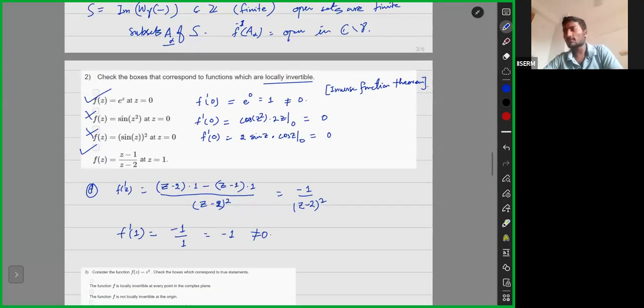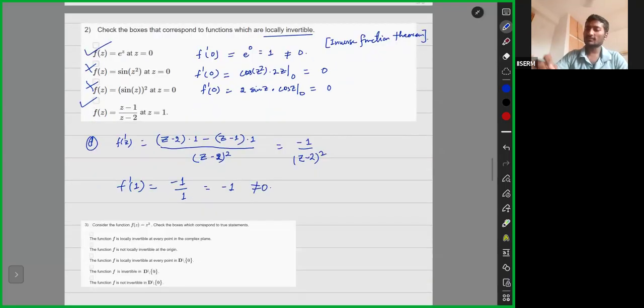So one thing I was mentioning right now: the inverse function theorem, the statement is kind of if and only if. Where f prime vanishes, the function is not one-one, that is very much clear. If it is one-one, how are we going to say f prime is non-zero? Yeah, sure. There's a mistake. The converse is not true.